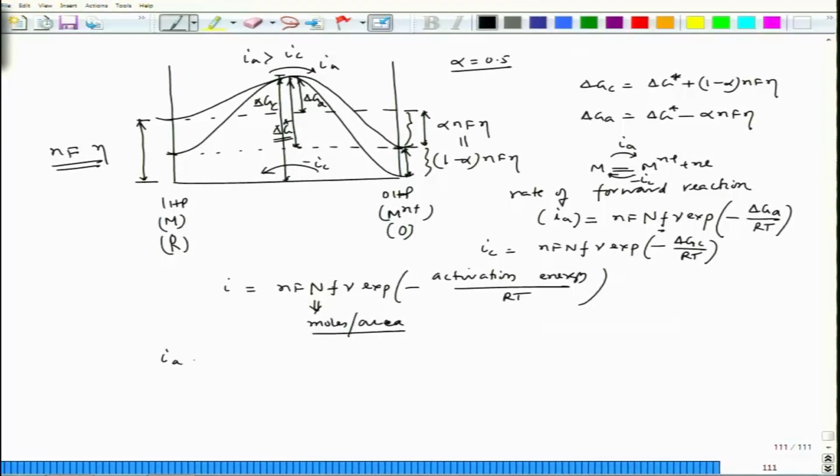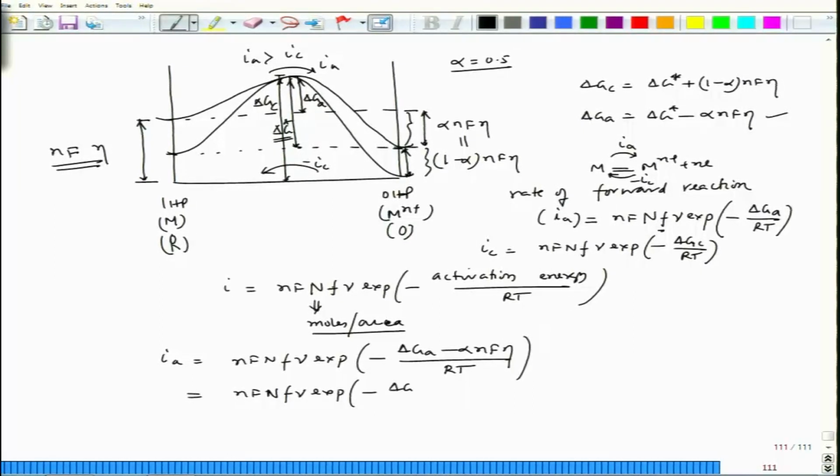So, now I A equals n F N F nu exponential of minus delta G A, I am just replacing these values, minus alpha n F eta divided by R T. So, this becomes n F N F nu exponential minus delta G A by R T into exponential alpha n F eta divided by R T.